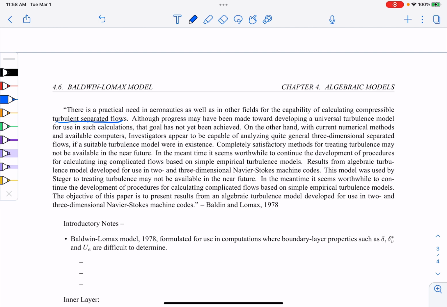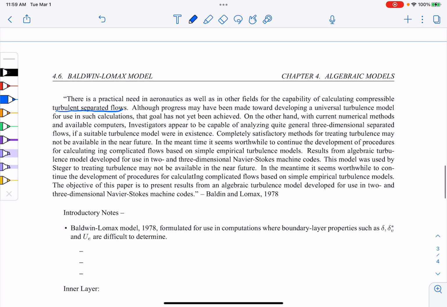The current numerical methods and available computers, like they just showed, are capable of analyzing general 3D separated flows if a suitable model were in existence, meaning algebraic, and overcoming the limitations of Cebeci-Smith. Completely satisfactory methods for treating turbulence may not be available in the near future.